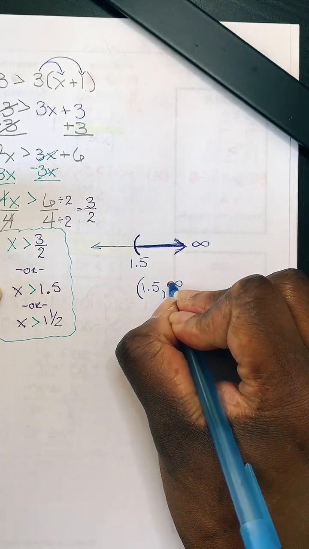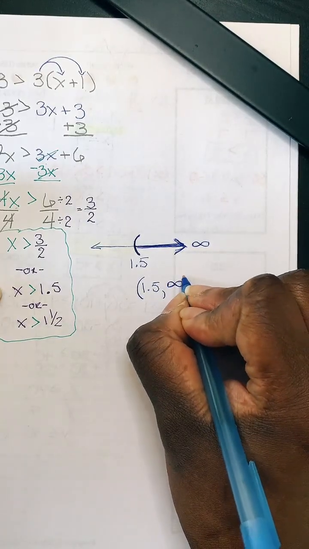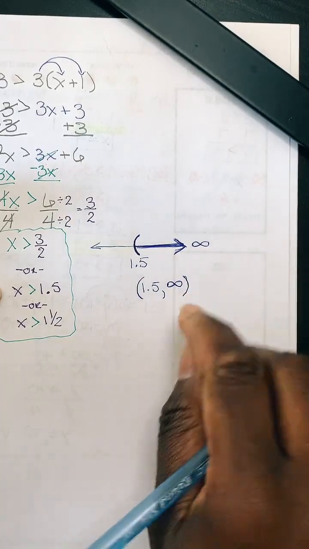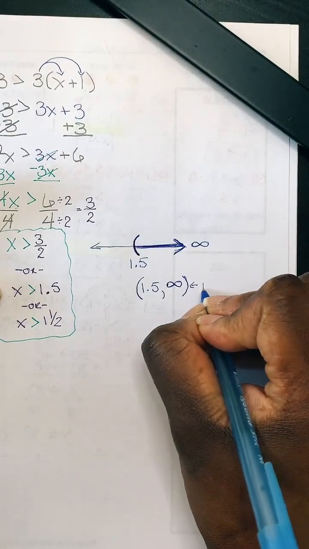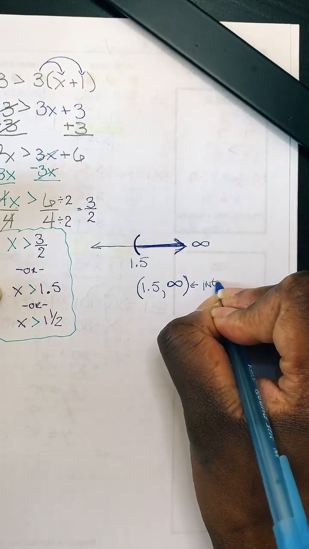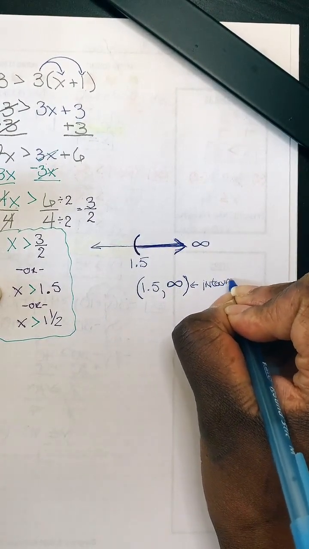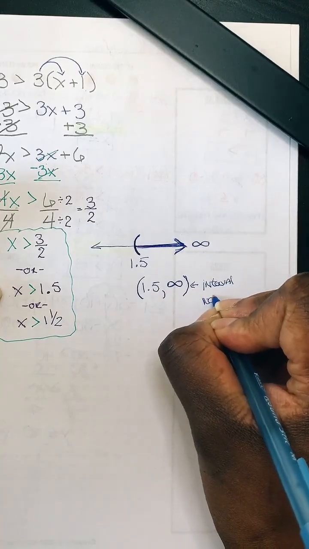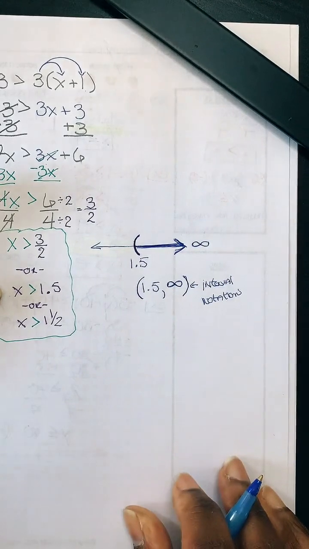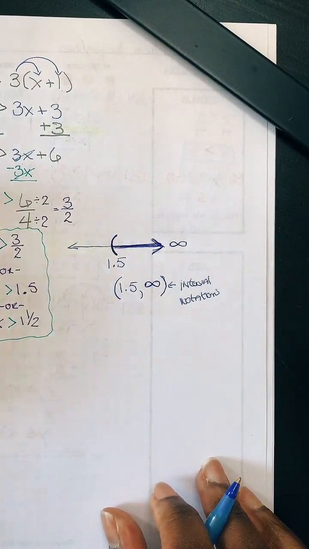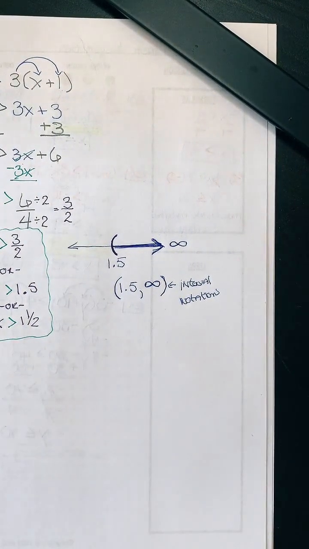Infinity is never bounded, so it's always going to be a parenthesis. And this is called interval notation. So that's what we were working on yesterday. Good. We remember the parenthesis to the right.